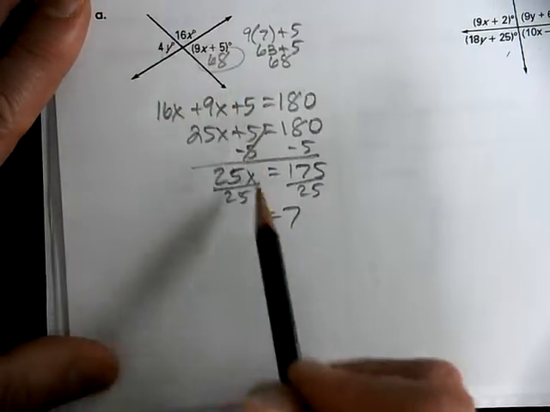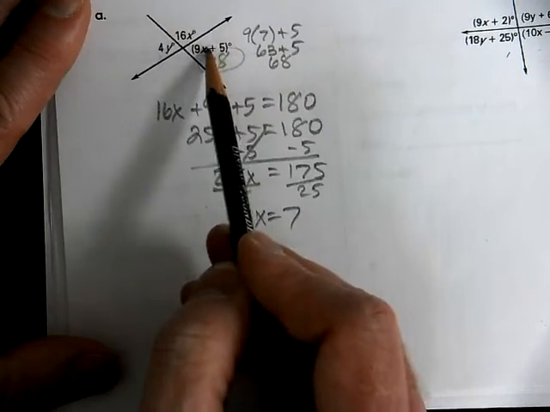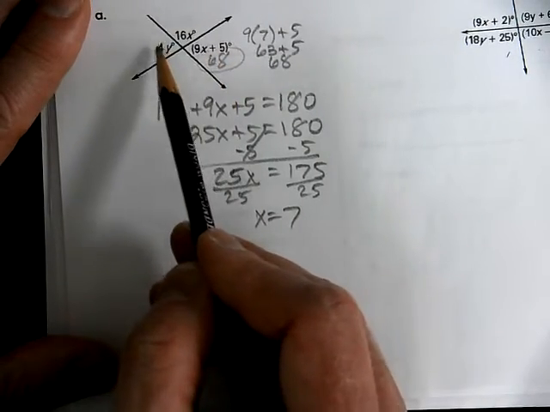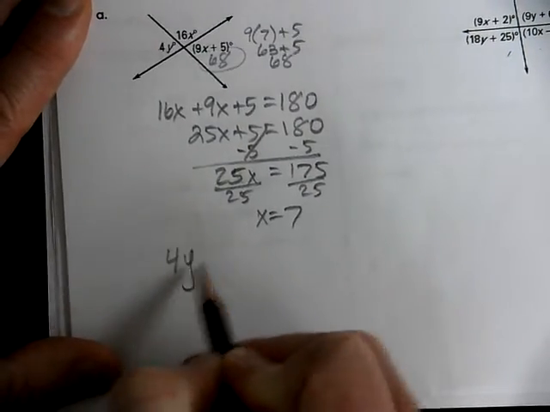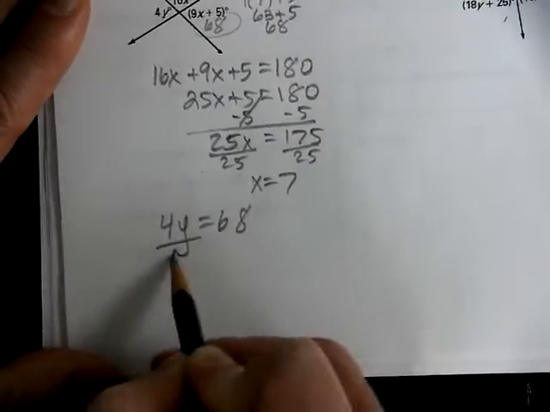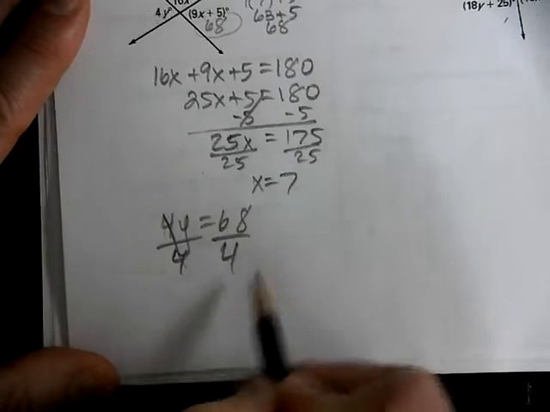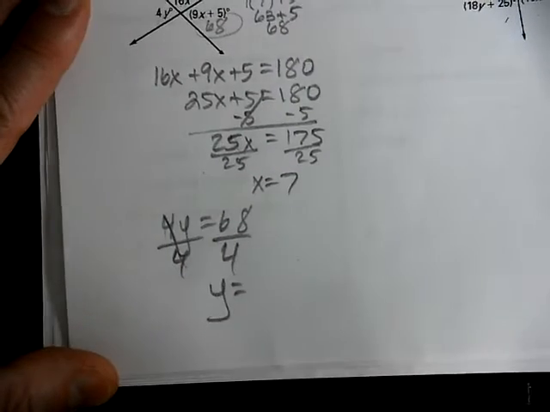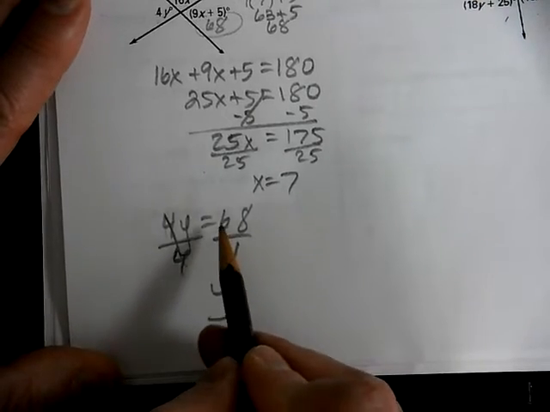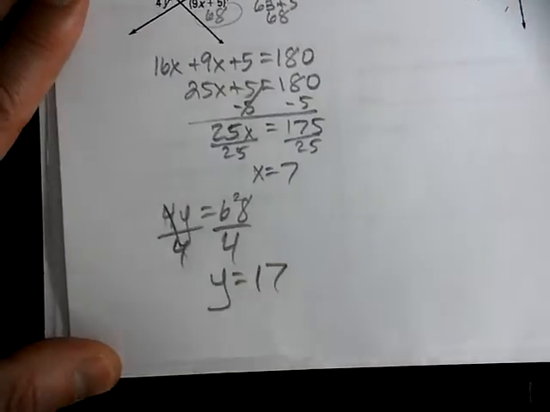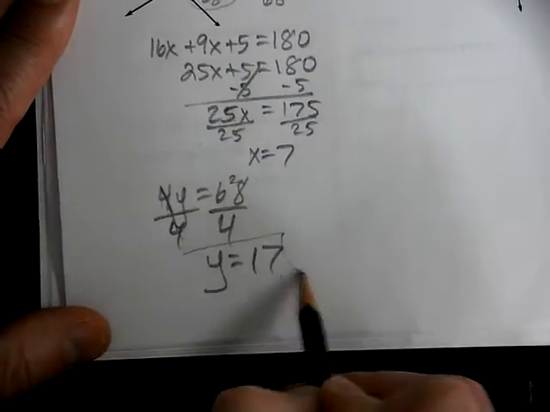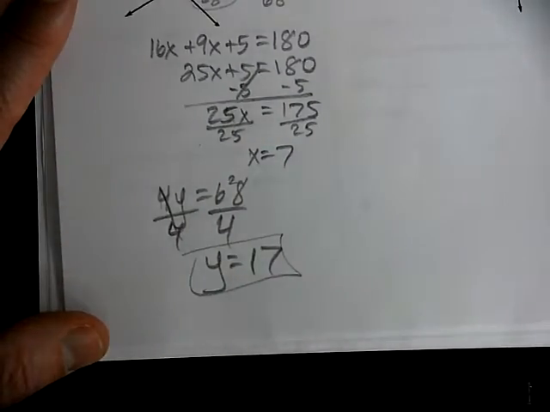Once we took our 7, we plugged it in, we figured out 68, so 4y equals 68 because those are vertical angles. So 4 goes into 6 one time with 2 left over. Hey, that's 17 again. Same exact calculations we had before.